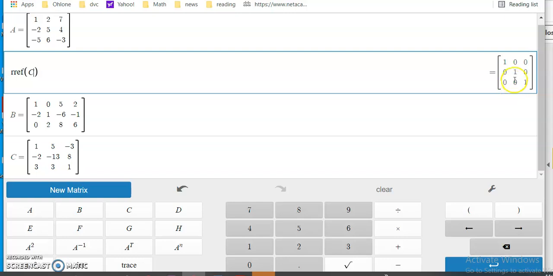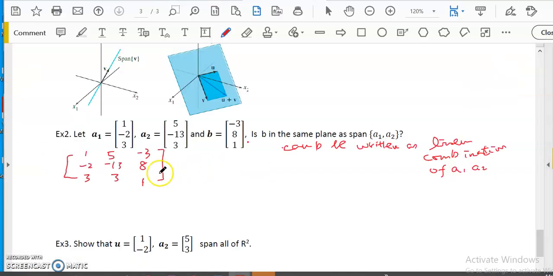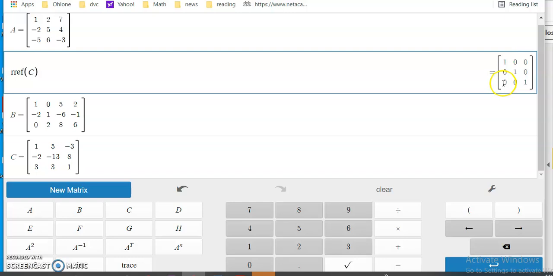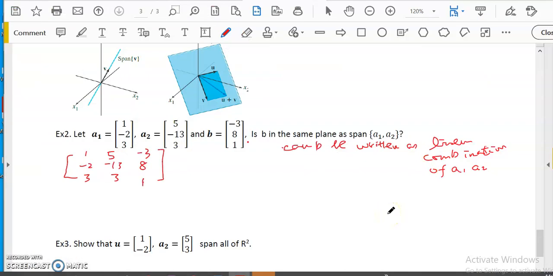So what do I have? I have a row of 0, 0, 1. So that's no solution, right? So this is the same as 0, 1, 0, 0, 0, 1, 0, 0, 0, 1.